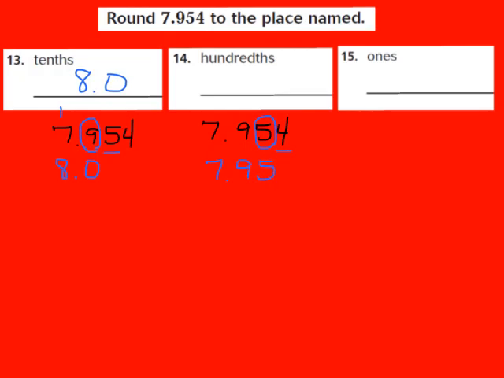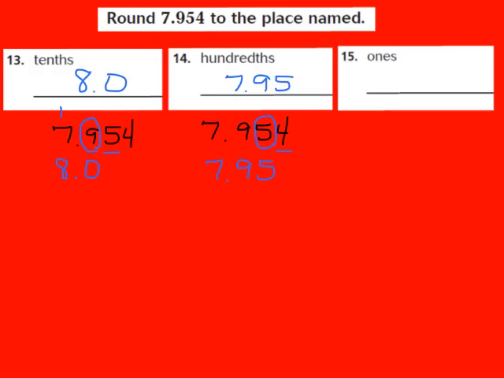Also, any digits behind that circled number drop away, so that 4 is now gone. So when I round 7 and 954 thousandths to the nearest hundredths place, that becomes 7 and 95 hundredths.